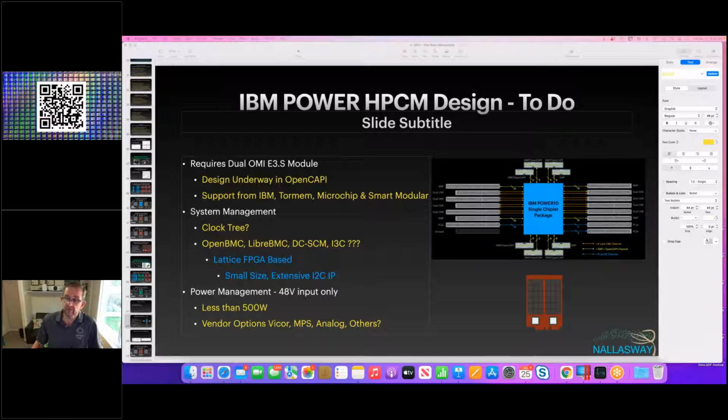So I'm trying to see if I can get some support there for the work group. So, ongoing conversations. If any of you know any power companies or anybody specific that you think would be very helpful, please let me know if you've got any contacts that may be interested in helping us out here.